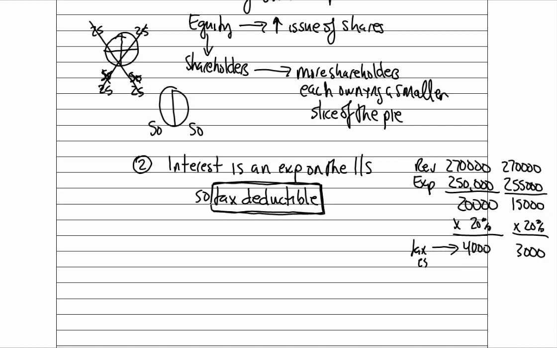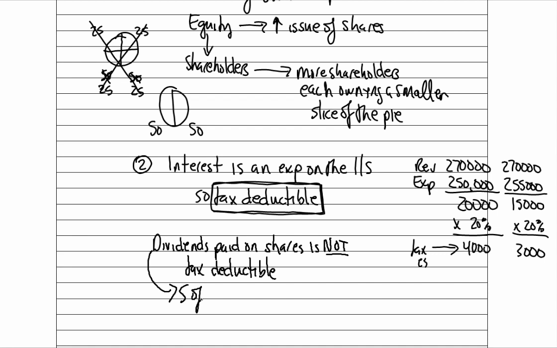Well, dividends are not tax deductible. So if I issue shares, dividends paid on shares is not tax deductible. If you remember from past chapters, dividends go on to the statement of changes in equity, also called the statement of shareholders' equity, right?